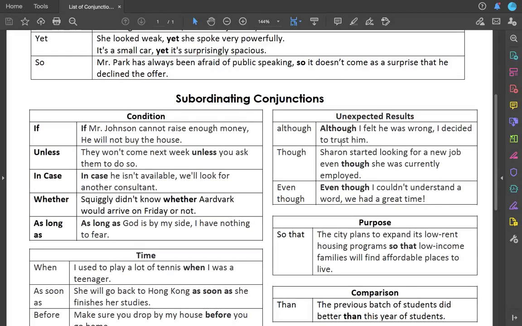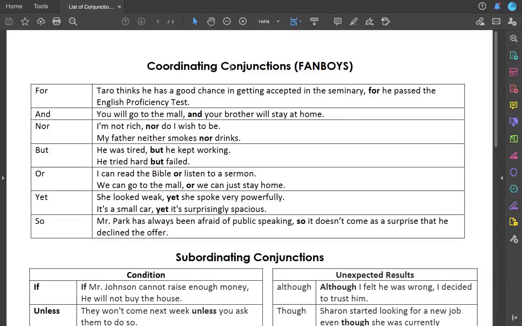But I'm just telling this to you now because later on, the distinction between coordinating conjunctions and subordinating conjunctions will be very important. Understanding the difference between the two will be very important as we understand the types of sentences. So the next video that I'm going to be doing is on that: the types of sentences that we have in English.